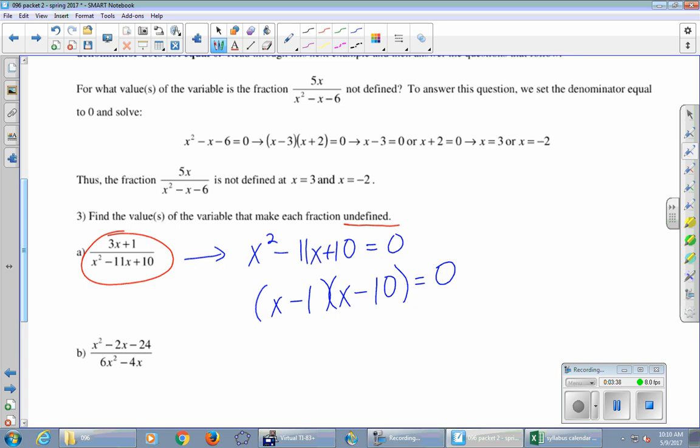Either one of these two things in the parentheses has to equal 0. So on the one hand, x equals 1, and on the other hand, x equals 10.